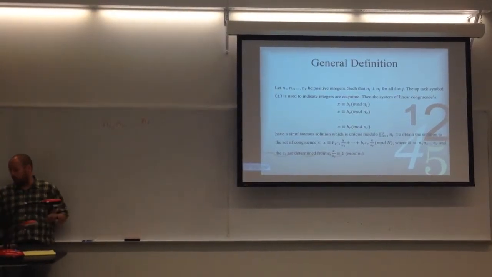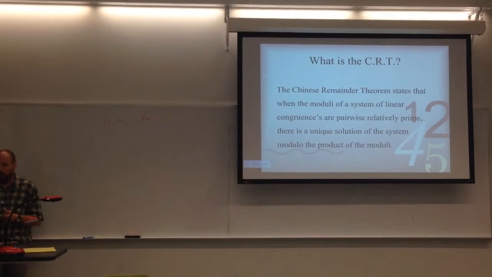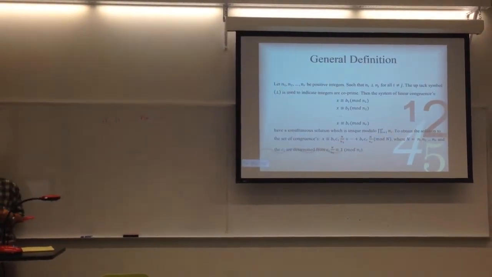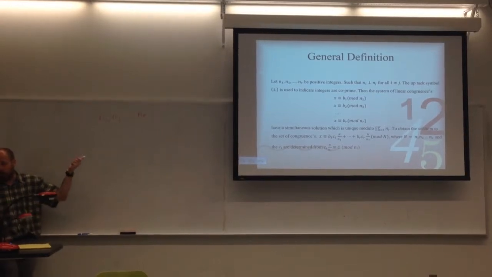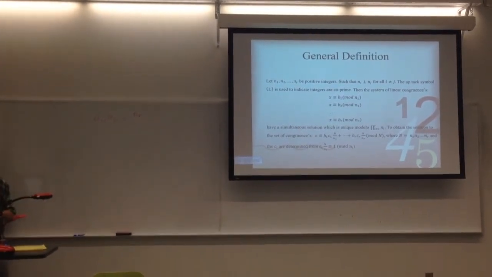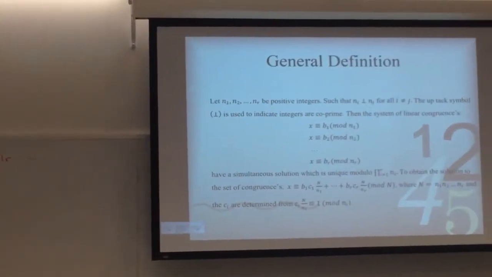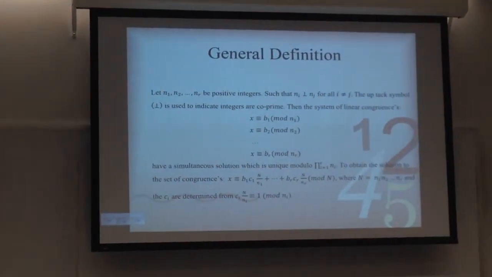Like we said, it's mod the product of the moduli, so the moduli n1, n2 to nr. We have that there's a unique solution mod the product from i equals 1 to r of ni.